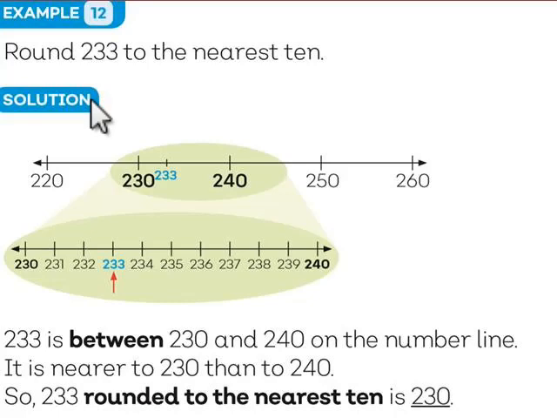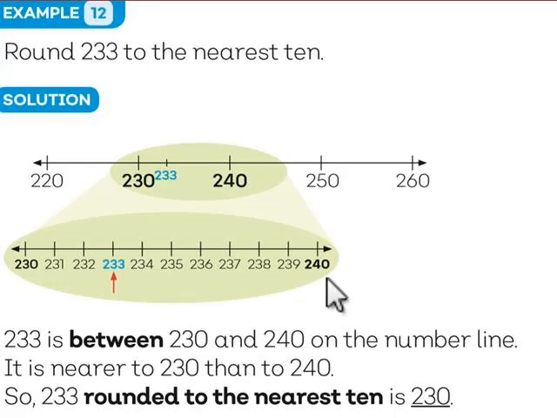If you look at the solution here, from 220 we make a number line: 230, 240, 250, and 260. So 233 is here. When we make a number line from 230 going to 240, it is like this: 230, 231, 232, 233. So 233 is between 230 and 240 on the number line.